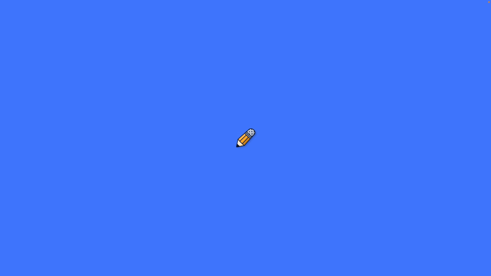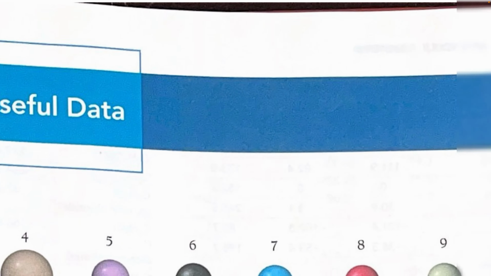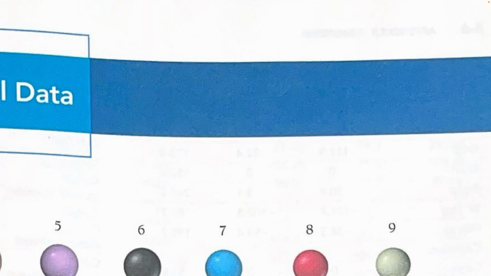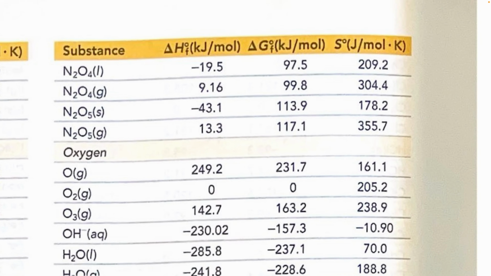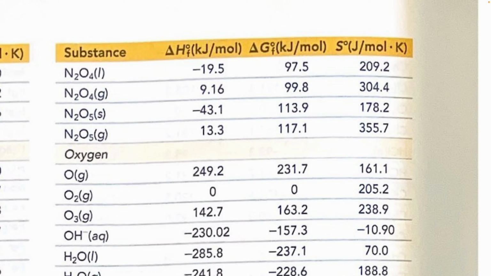So let's take our chemical equation here. All right, and I'm going to go to the constants page and I'm going to look up the entries for our products and our reactants. All right, the N2O4 gas.